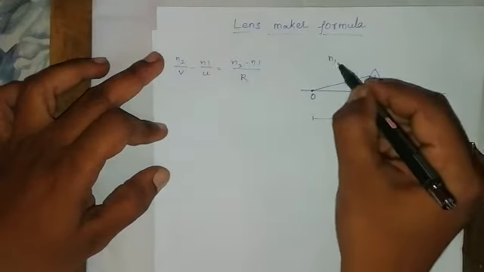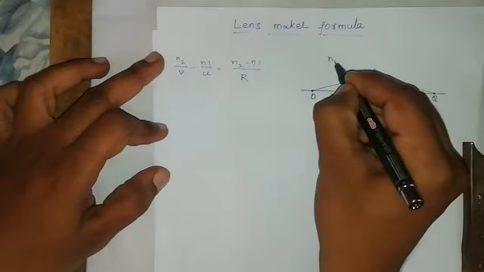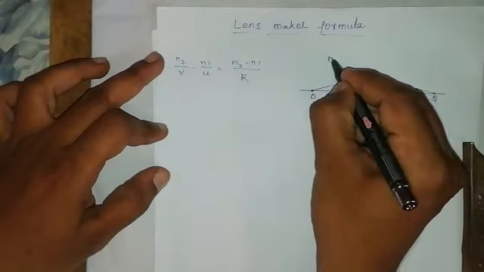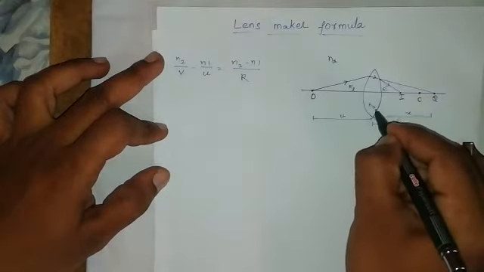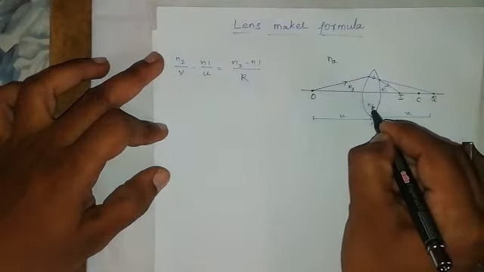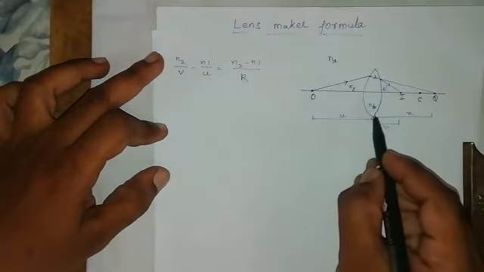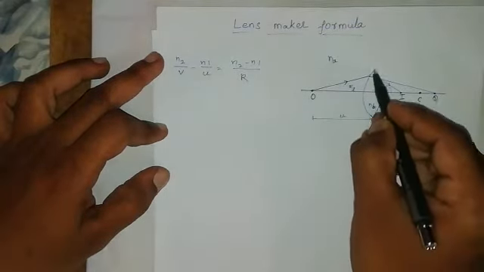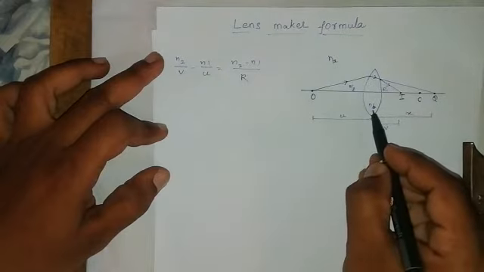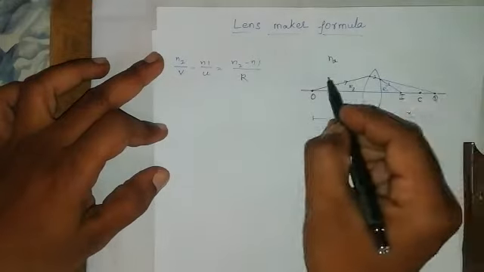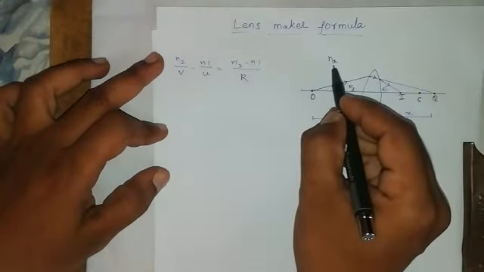Instead of taking n1 and n2, let me take na as the outer medium and nb as the inner medium, because again here we have n1 and n2. So na and nb. The lens is made up of a medium with refractive index nb, and the outside surrounding medium has refractive index na.